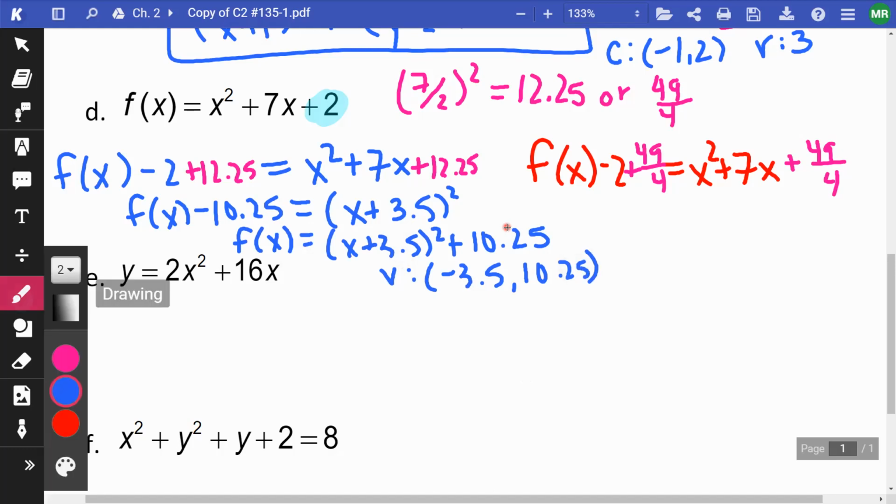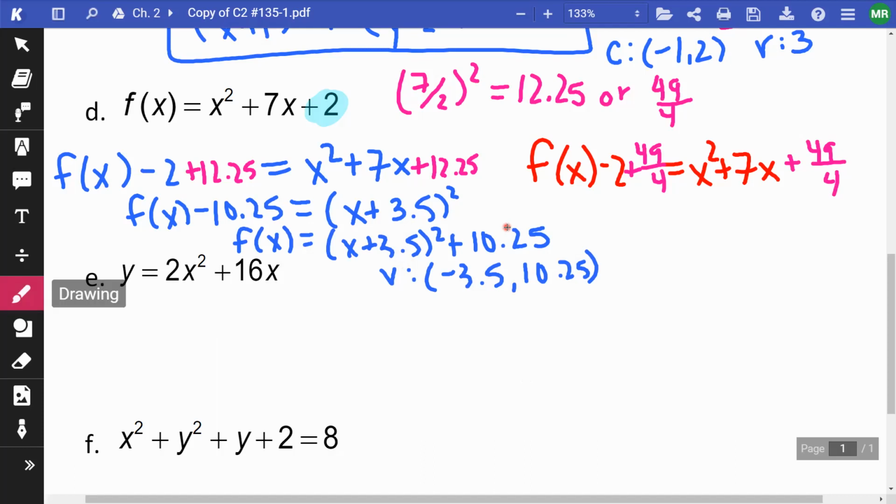Now, if I'm doing it as a fraction, what I'm going to do with this 2 is I'm going to rewrite the 2 in terms of fourths. So I'm going to have f of x, and 2, if I times top and bottom by 4 to get it to be a fraction, is really the same as 8 fourths.